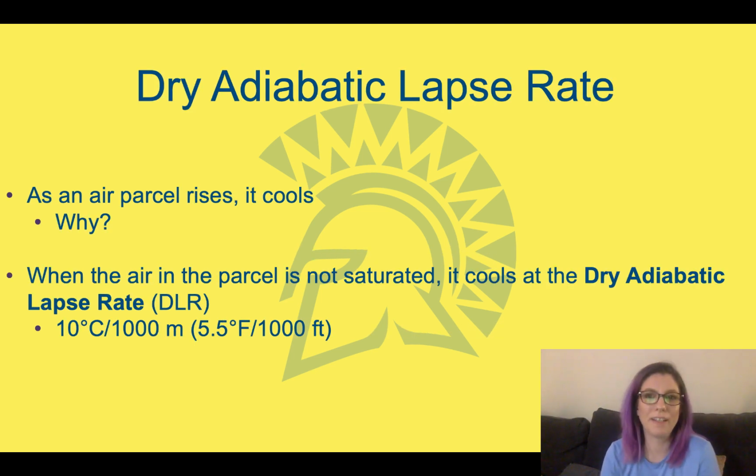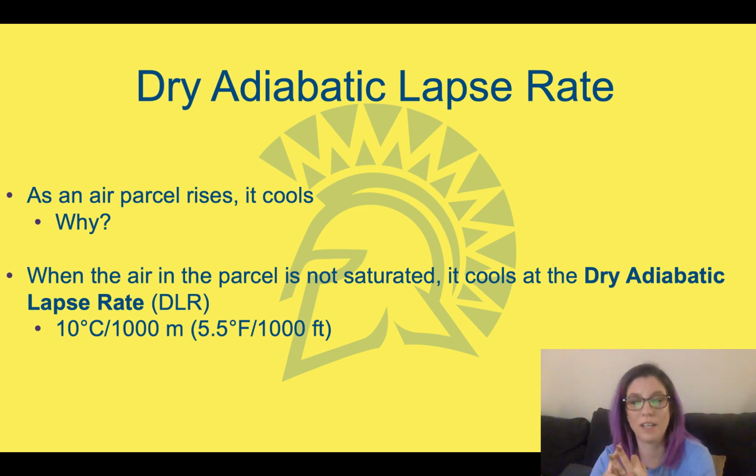Okay, so the dry adiabatic lapse rate. As an air parcel rises, it cools. Why is it cool? Think back to one of the first few lectures that we had. We said that there's an equation called the ideal gas law, and it relates temperature, pressure, and density.